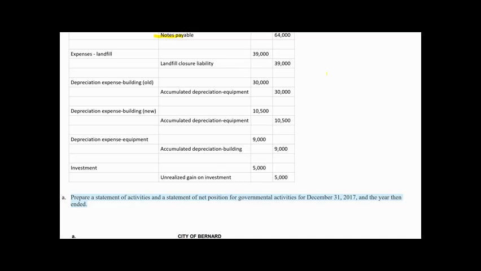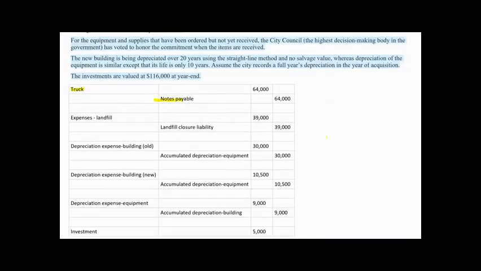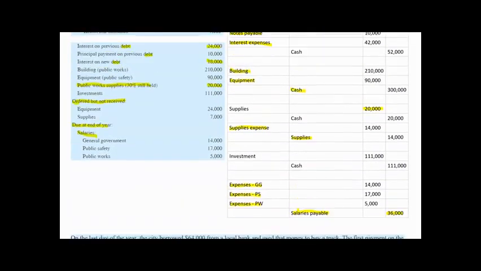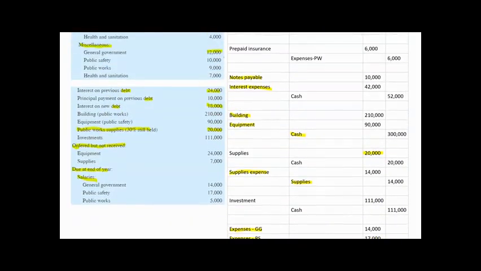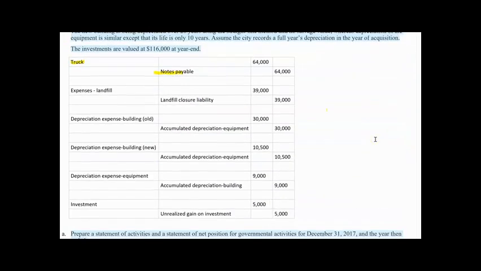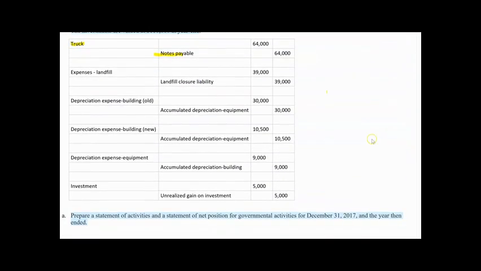And then there's the new building. The total cost of the new building is 210,000, and this building is going to be depreciated over 20 years. So each year the depreciation expense will be 10,500. The last journal entry is for the equipment.